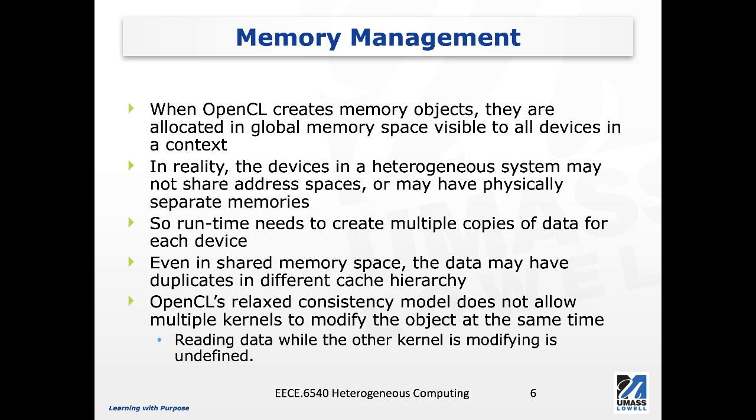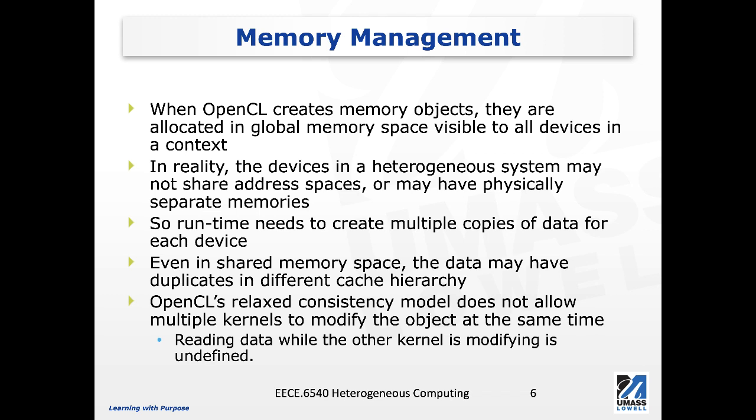When OpenCL creates a memory object, it is allocated in the global memory space visible to all the devices in a context. So this is the goal of these memory objects. No matter where we physically allocate them, they need to be visible to all the devices in that context. In reality, the devices in a heterogeneous system may not share address spaces or may have physically separate memory units.